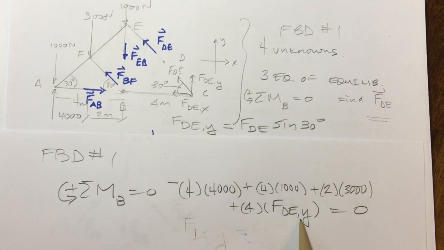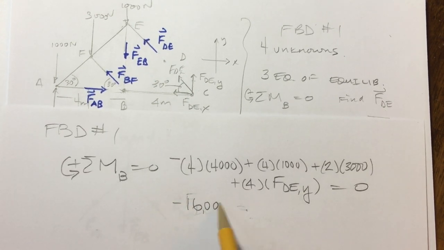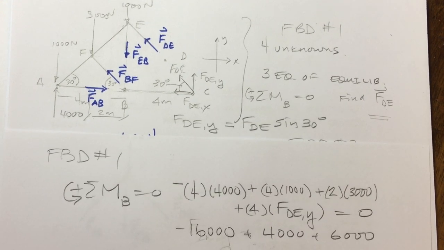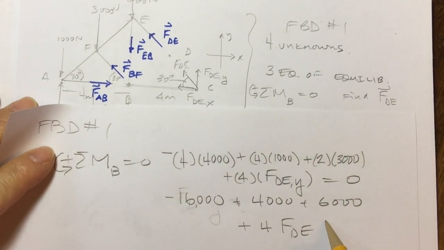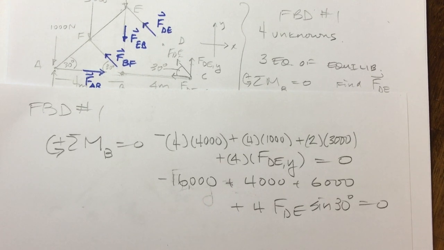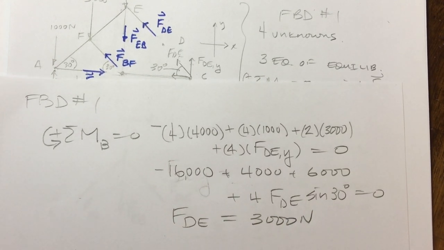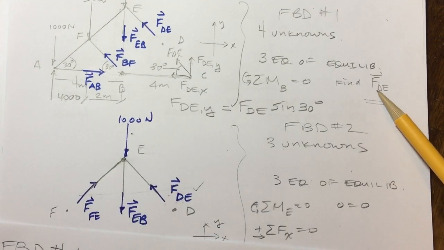So we'll make that substitution in here, and it'll become minus 16,000 plus 4,000 plus 6,000 plus 4 FDE times sine of 30 degrees is equal to 0. So if we do that, FDE turns out to be 3,000 newtons. So we just found FDE.